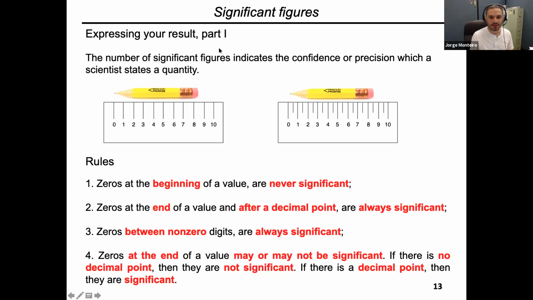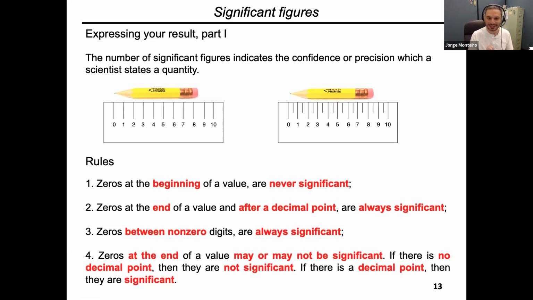All right. Okay, so let's talk about significant figures. I want you to really pay attention to the rules here. It might be confusing a little bit in some cases. It takes practice.